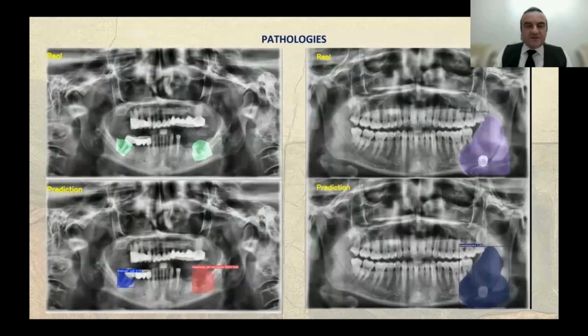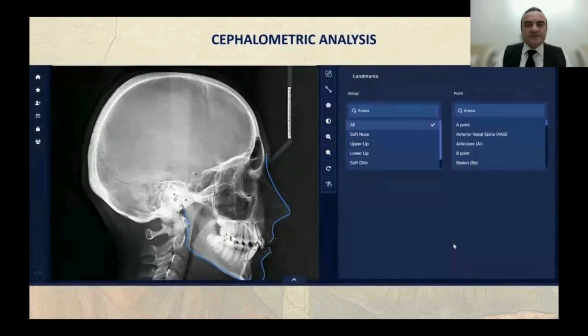Here are examples: this is squamous cell carcinoma with metastasis to the bone, and this one is an ameloblastoma case, different kinds of ameloblastoma cases, radicular cyst, and we can identify more than 10 different kinds of cystic and tumoral regions with this modeling.